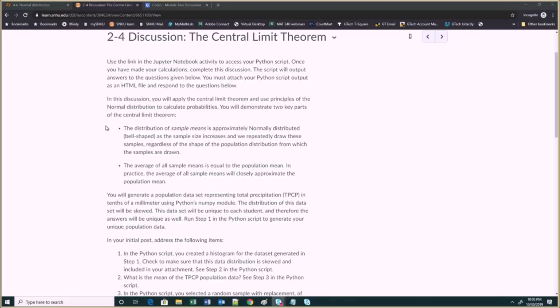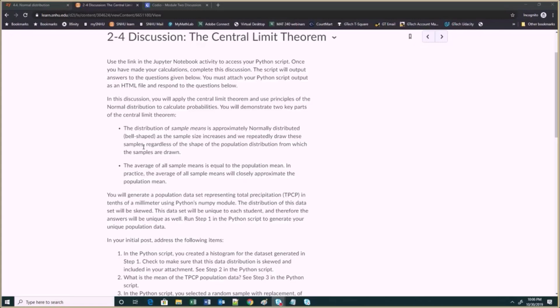average income. What this says is that the distribution of sample means is approximately normal as the sample size increases and we repeatedly draw these samples. Just like the example where you pick out one sample from the population, now imagine you pick out many samples and keep calculating the average income for each.